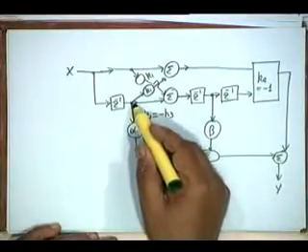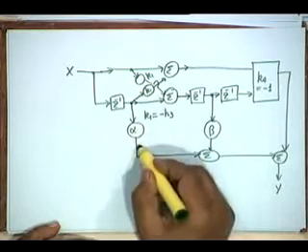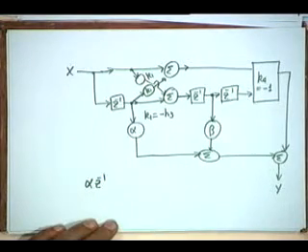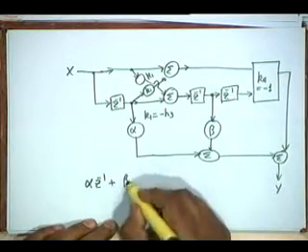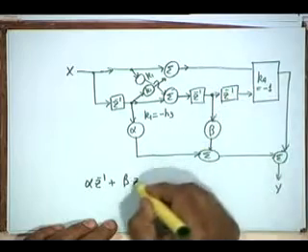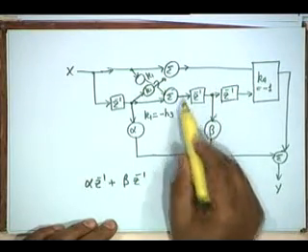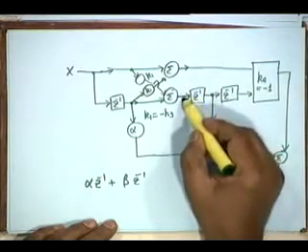Now, what comes here? What is the signal here? Alpha z inverse, right, plus beta z inverse, from here to here is beta z inverse. Now, what is the signal here?